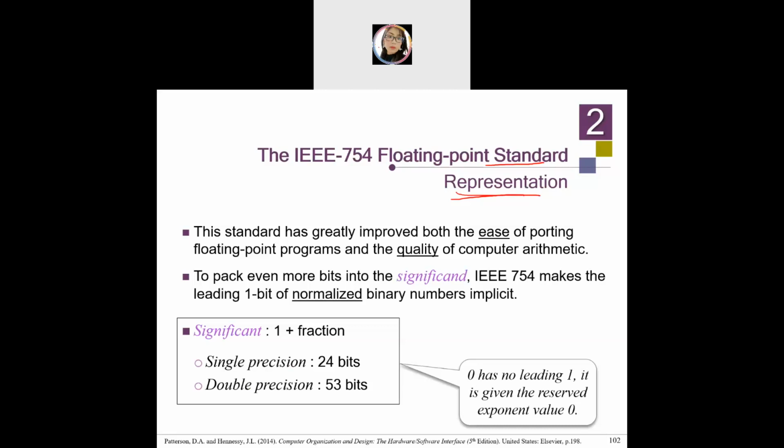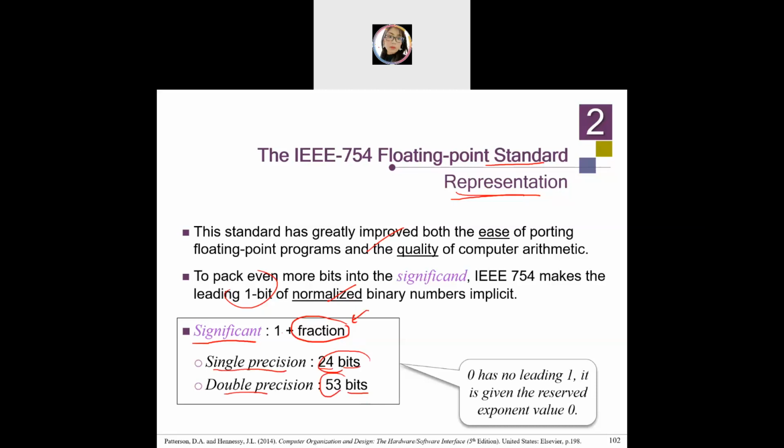For the representation, you can read this. In IEEE, the leading 1 bit is made for normalization. After this, you look into the significand: 1 plus your fraction. What is the meaning of this? Your single precision value is 24 bits, and double precision is 53 bits.